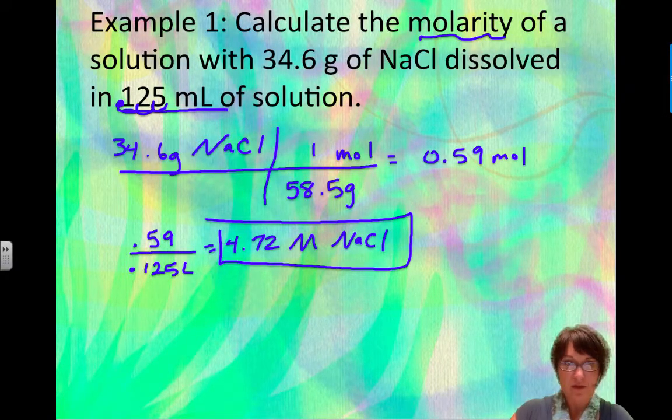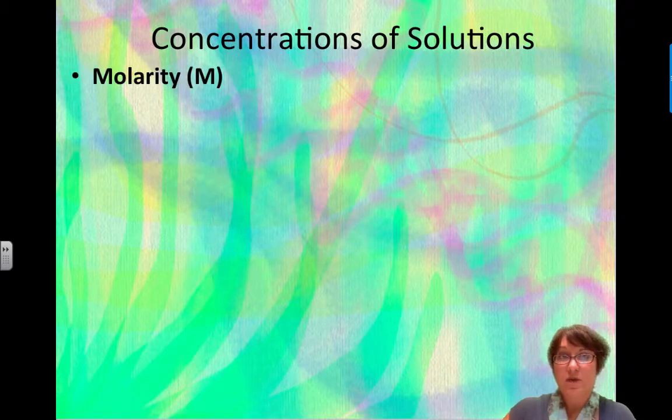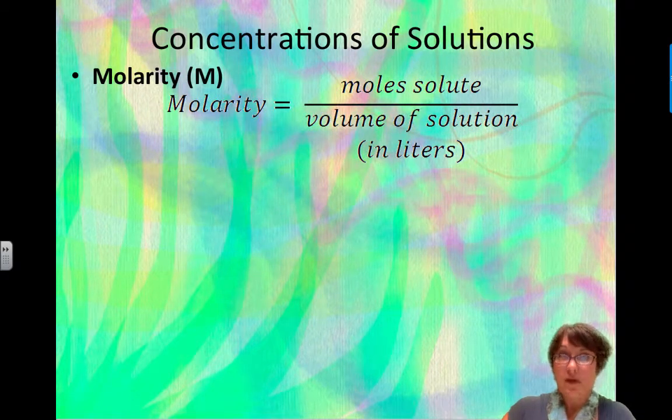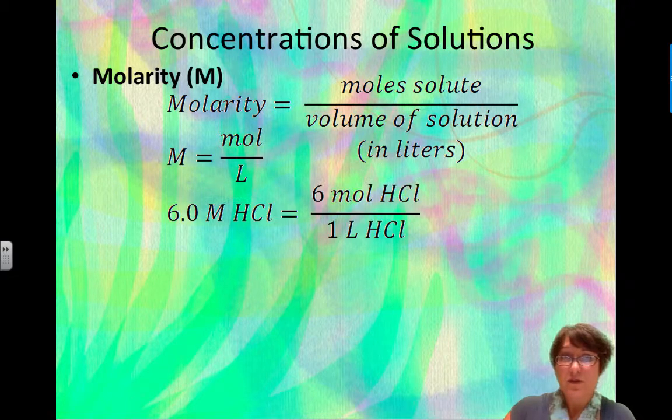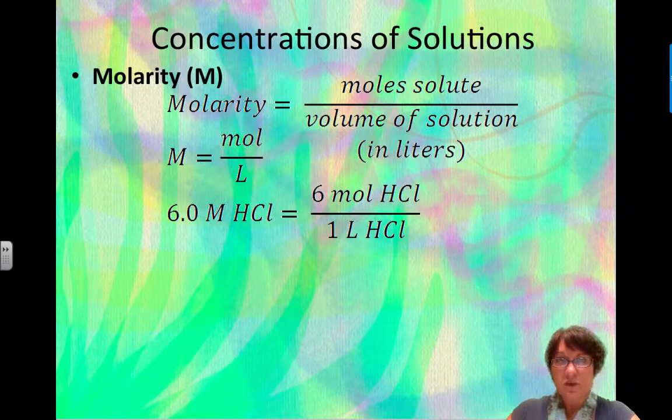All right, so far so good. So what does this concentration of solutions actually mean? Remember, in molarity we have moles per liter, but we have moles of what? The solute. And the solute doesn't always exist in molecular form. For example, if I have 6 molar hydrochloric acid, is there actually 6 moles of HCl in every liter of solution?